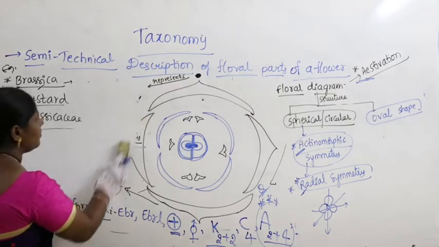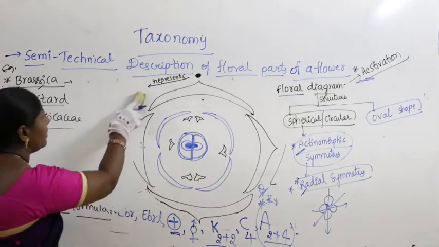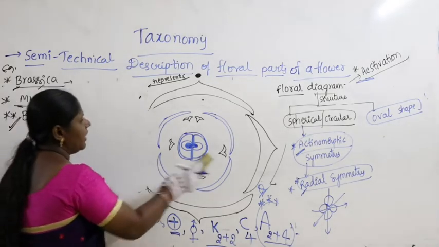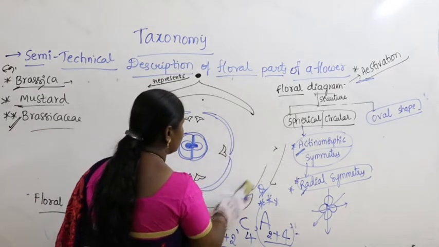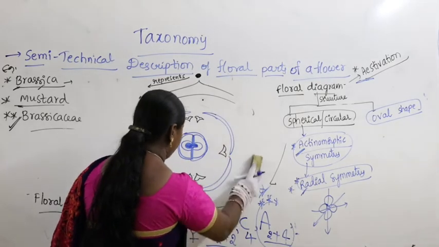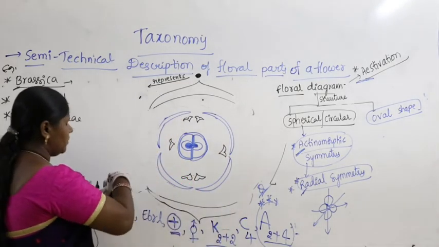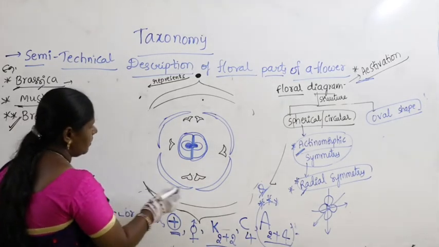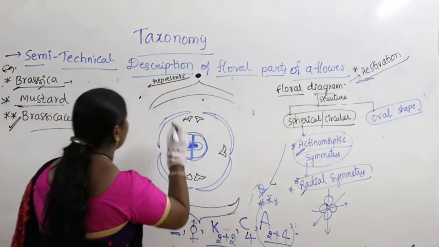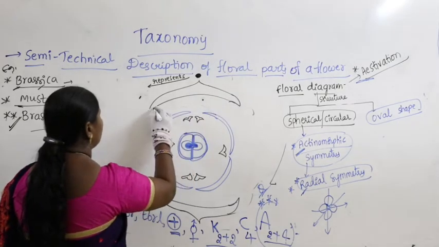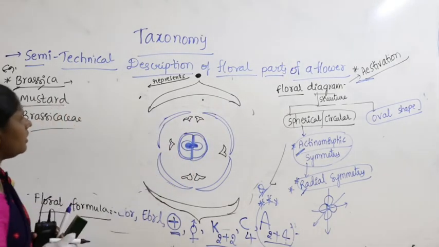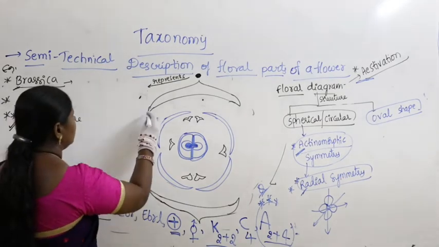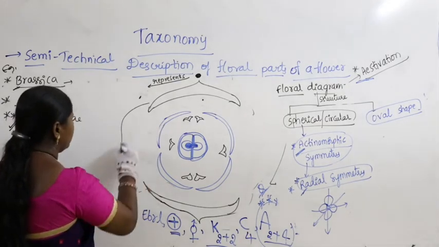Suppose you find anywhere, in a herbarium or anywhere, that the floral diagram has got elongated and looks oval. So I am just drawing this. Earlier it is circular. Now what I will do is make the outer whorl like this.